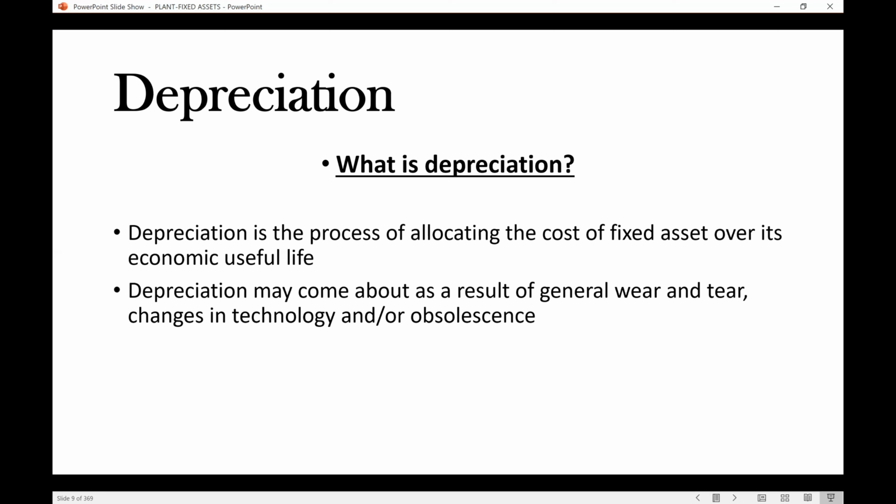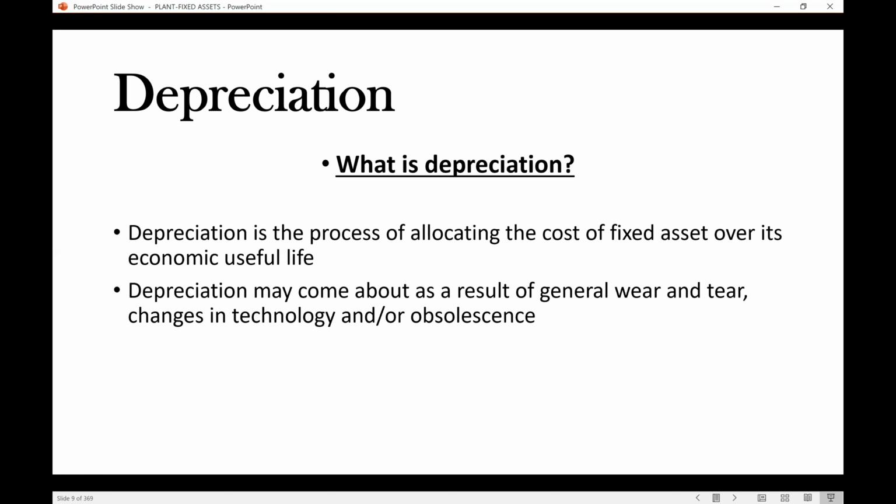Depreciation comes about as a result of the general wear and tear in an asset, changes in technology, and so forth. So we're saying, yes, we have this asset and it is new and we purchased it. However, because of using it over time, it will not be as efficient and effective.